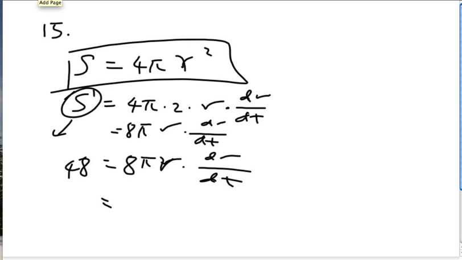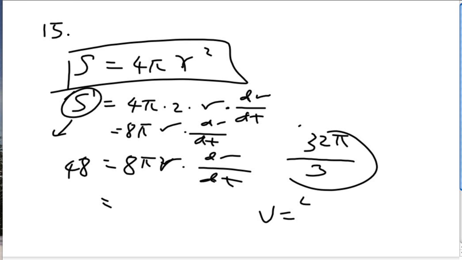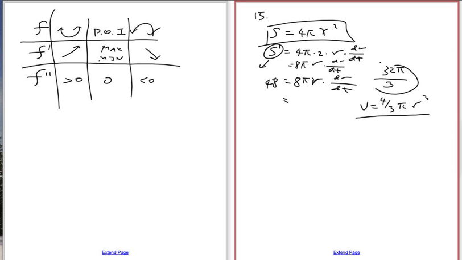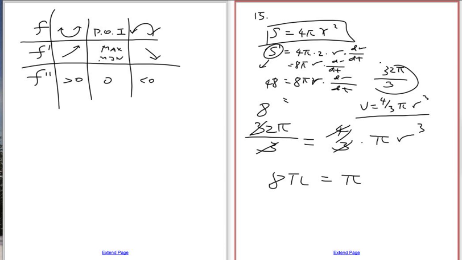So how do we figure out r? We know when the volume equals 32 pi over 3. The function for the volume is V equals 4 over 3 pi r cubed. So 32 pi over 3 equals 4 over 3 times pi r cubed. Cancel. 8 pi equals pi r cubed.